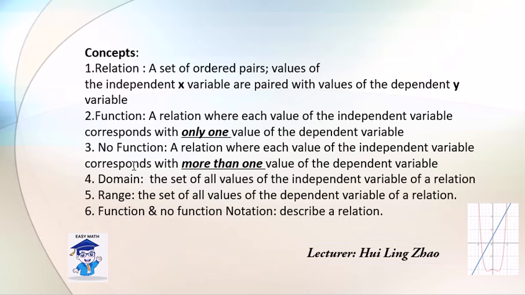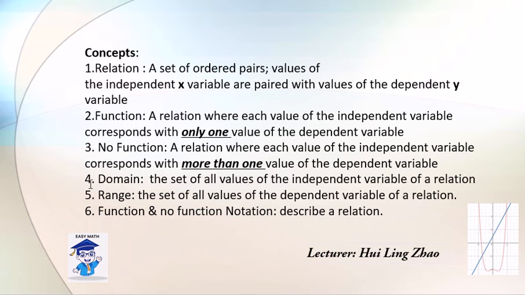Number 3, not a function: a relation where each value of the independent variable corresponds with more than one value of the dependent variable. Number 2 and number 3 are opposite, right?